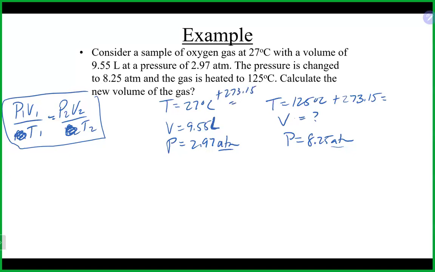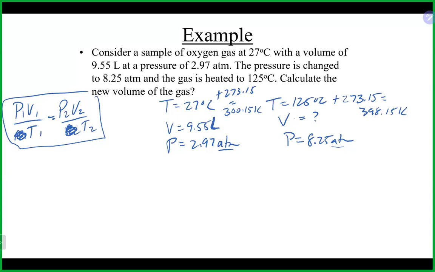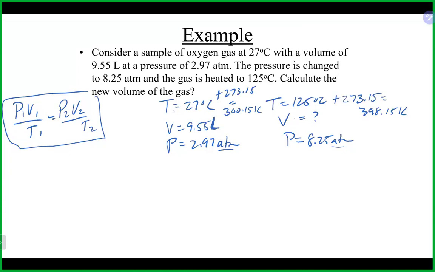And that's going to get us here, looks like 300.15 Kelvin and 398.15 Kelvin. In this case, we are actually solving for V2. And again, you can just number these as ones and these guys as twos, except I wrote a two there.